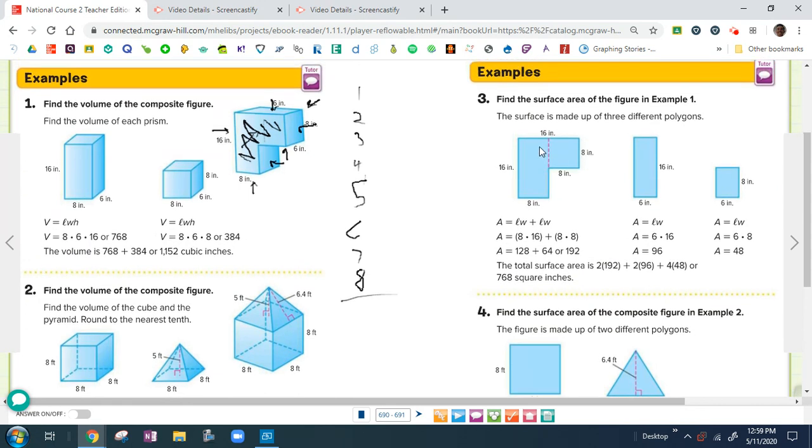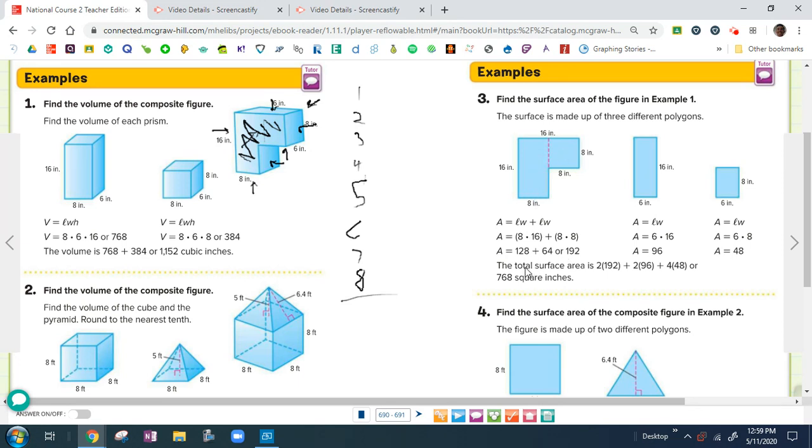But so this length and width would be indicated here. This length and width would be indicated here. All right, so that's 2 separate area formulas put into this one larger area formula with an addition. So it's adding up the area of the rectangle plus the area of the square. So 8 by 16, which is this guy, and 8 by 8, which is this guy here. Okay, then you add it up and you get the total surface area there.